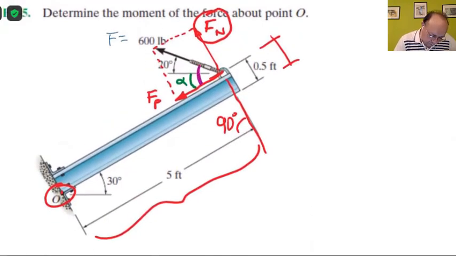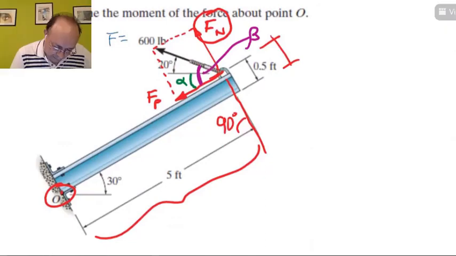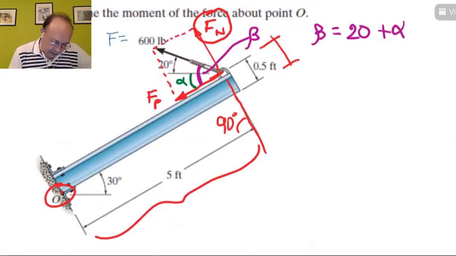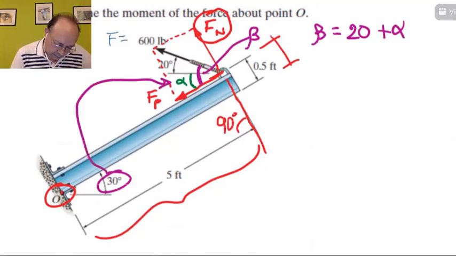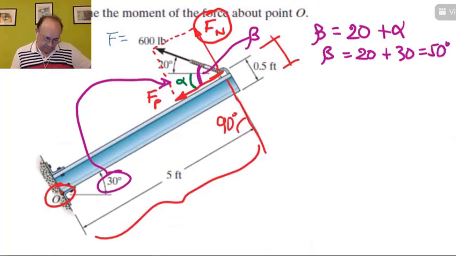Let's call it beta. Beta will be 20 plus alpha, and alpha is 30 degrees. So beta is 20 plus 30, 50 degrees. Easy enough.